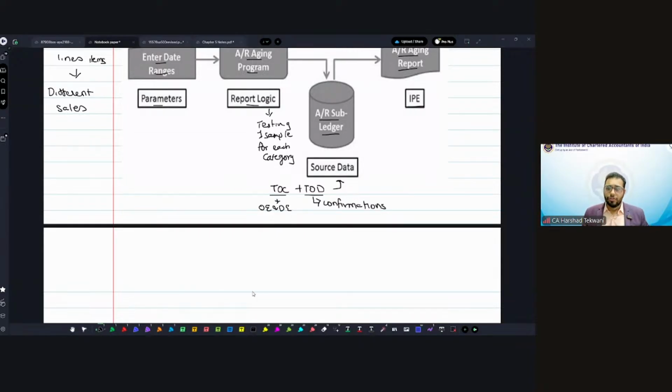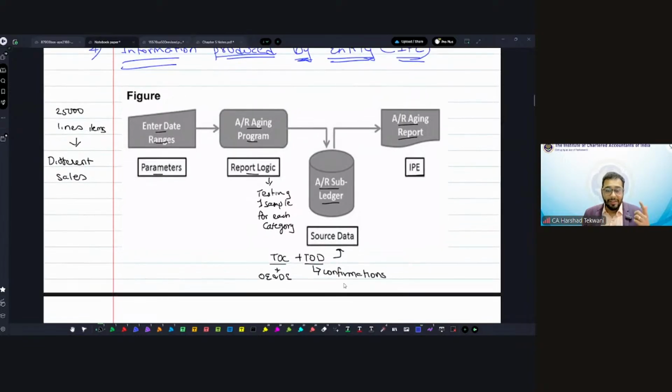It's a balance sheet, so on all the balance sheet assertions I have to say that the source data is appropriately fine. Rights and obligations, all those things. It's not just one thing. Here I need to say source data is appropriate on all the balance sheet assertions. On all assertions.